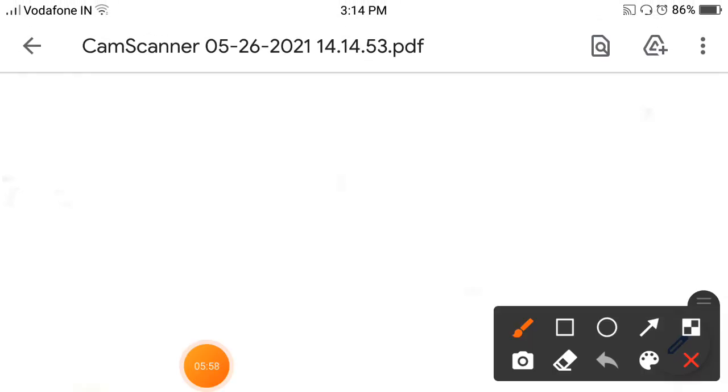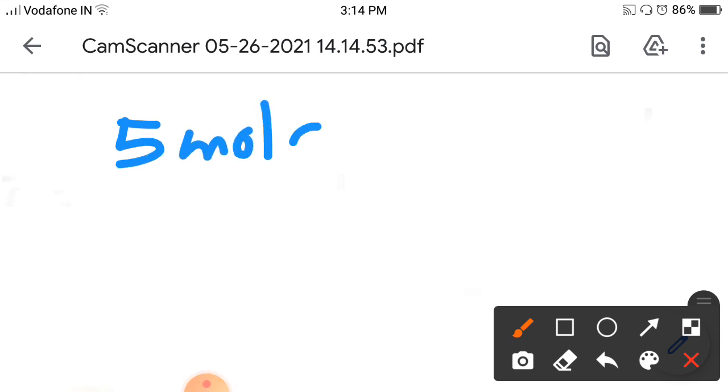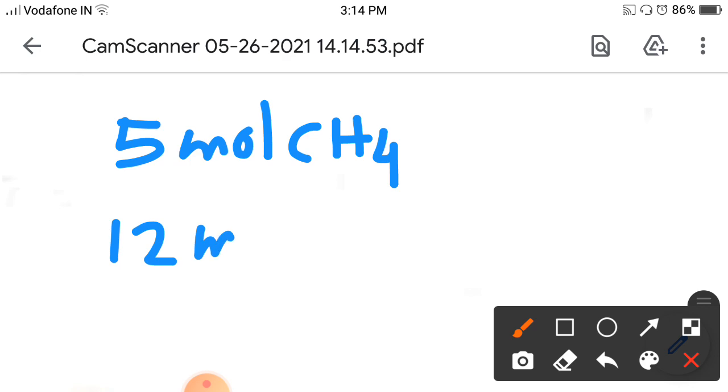Then suppose you have 5 moles of CH4 and 12 moles of O2. Which is the limiting reagent?